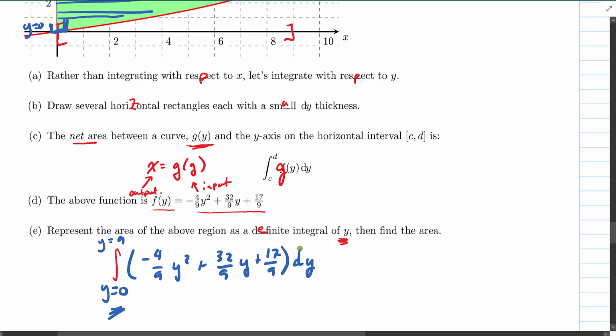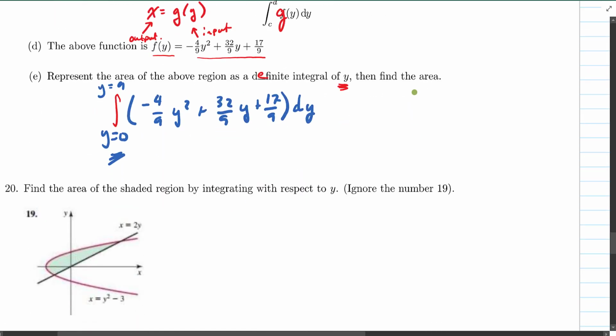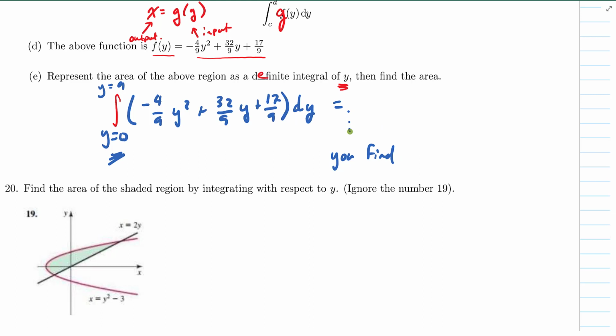And there we have the way we will integrate, not with respect to x, but with respect to y. Okay? So I'll let you go ahead and finish this problem out. You need to compute this. I'll pause the video while you work through that, and then we'll move on to the last problem here.